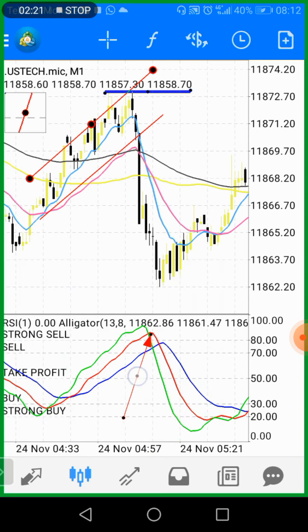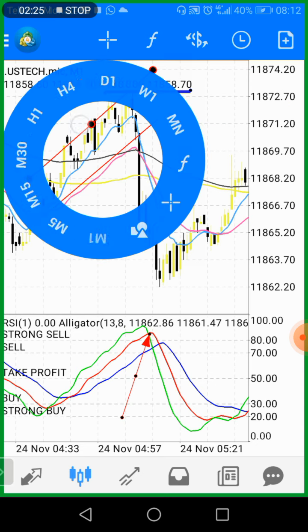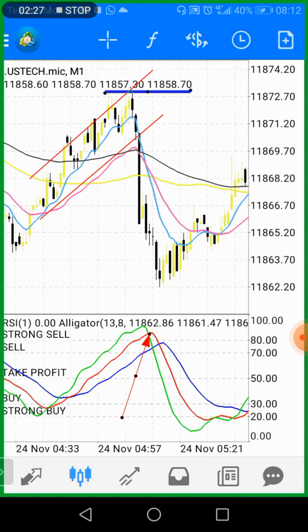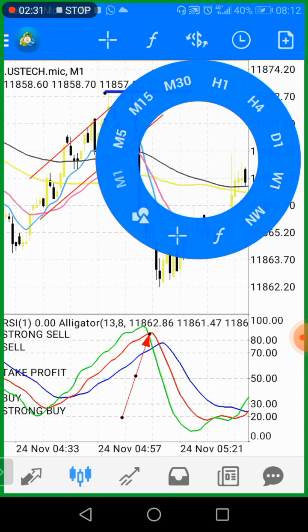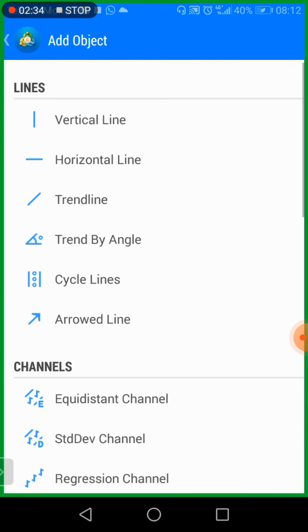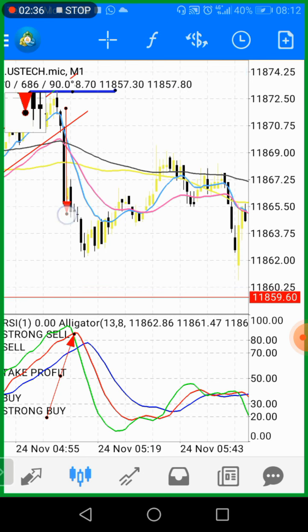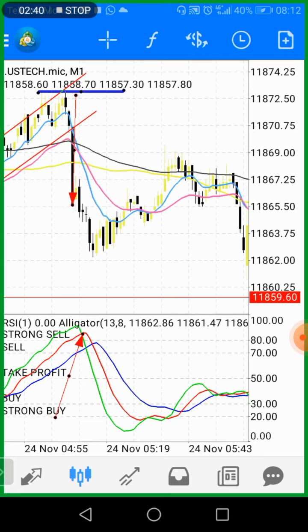As you can see here, we have the alligator overbought, and on our chart we have a double top. After that double top, price went down impulsively.